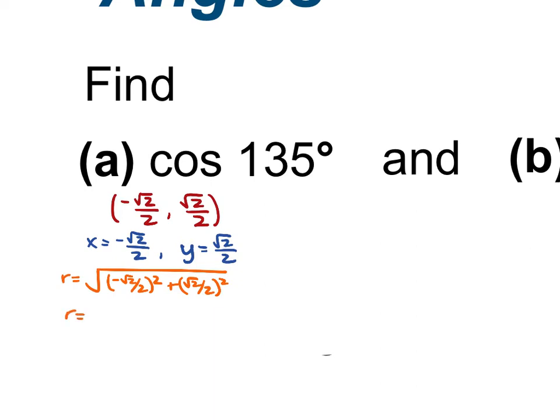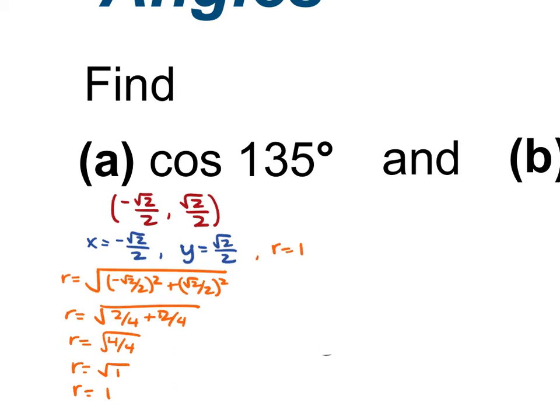This is going to give us 2 over 4 plus 2 over 4 underneath that radical. So that's 4 over 4, which is the same thing as the square root of 1. Square root of 1 is 1, so our value is 1.